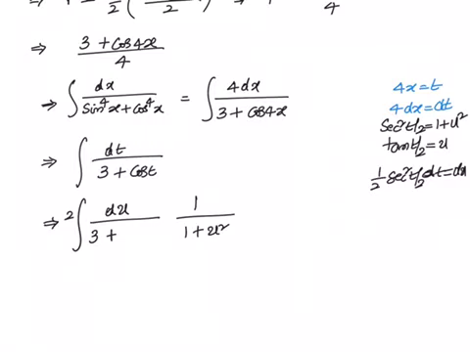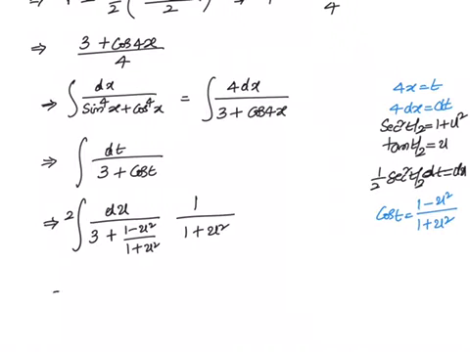What is cos t? Cos t is 1 minus tan square t by 2, that is 1 minus u square, divided by 1 plus u square. So we know that cos 2t equal to 1 minus t square by 1 plus t square. So cos t equal to 1 minus tan square t by 2 by 1 plus tan square t by 2, that is 1 minus u square by 1 plus u square. So let us simplify that.